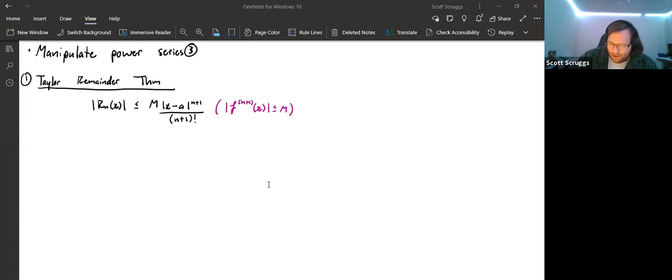So, the main thing I'm going to say, the hardest part about these types of problems is figuring out what that number or constant M is going to be. So I'll make that as a list. When finding that estimation for the remainder, figuring out what that constant M is going to be the hardest part for these types of problems.